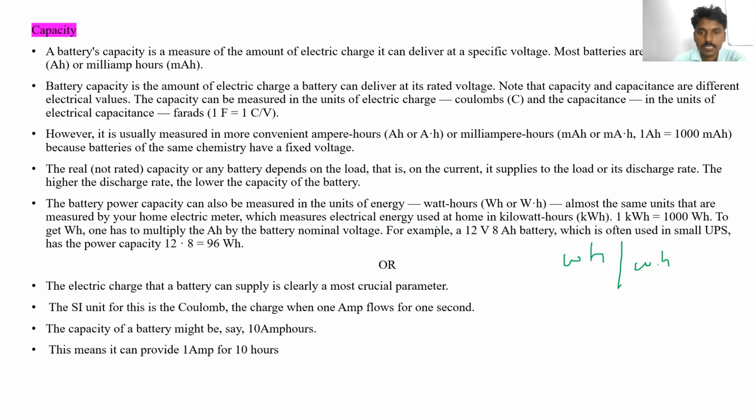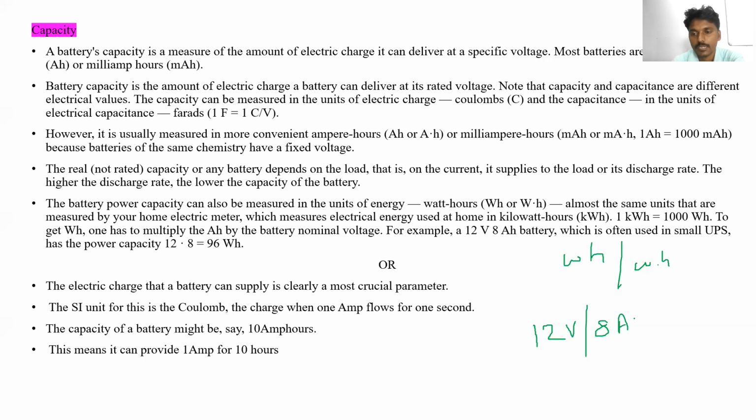Compare this with the electrical energy used at home, measured in kilowatt hours. 1 kilowatt is equal to 1000 watt hour. To get the watt hour, one has to multiply the ampere hour by the battery nominal voltage. For example, battery nominal voltage is 12 volts and the battery capacity is 8 ampere hour.